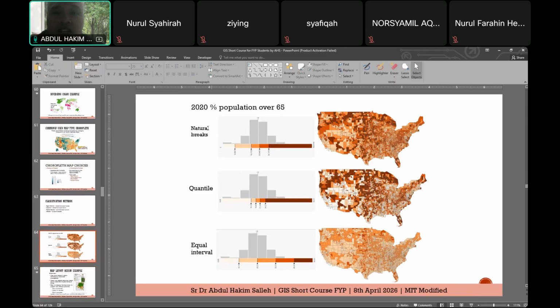You can see the mapping is also different, so it depends on how you explain your classes. Usually the easiest for you FYP students is just referring to regulations. You go to the regulations book and you can look for the given classes.